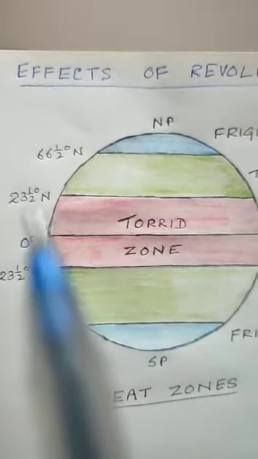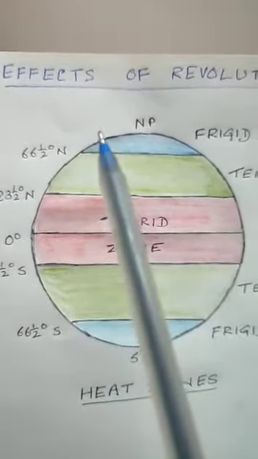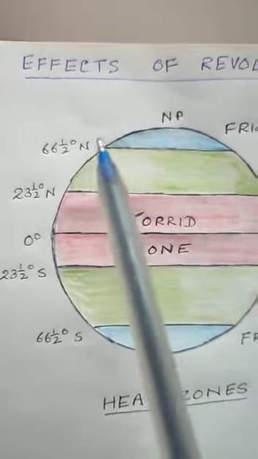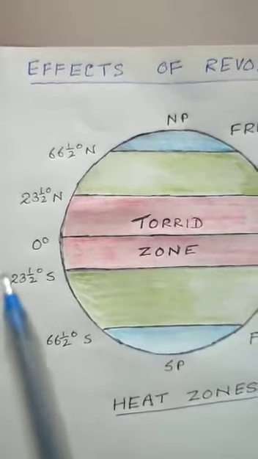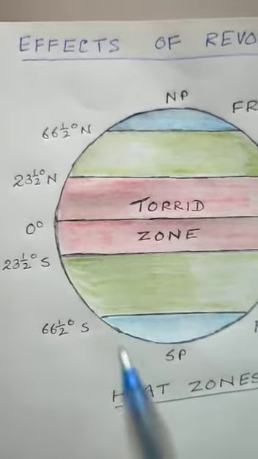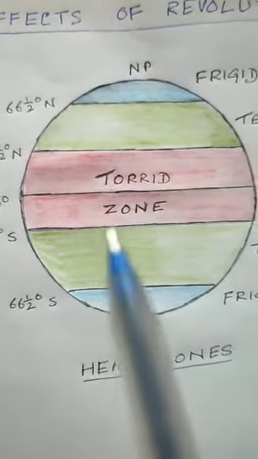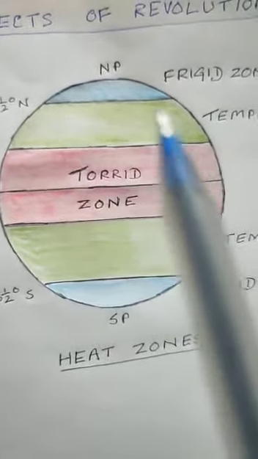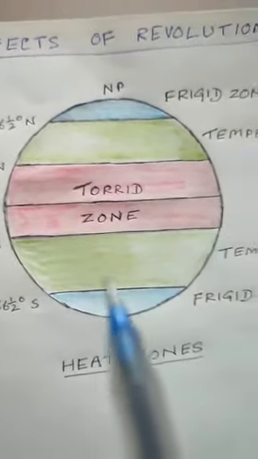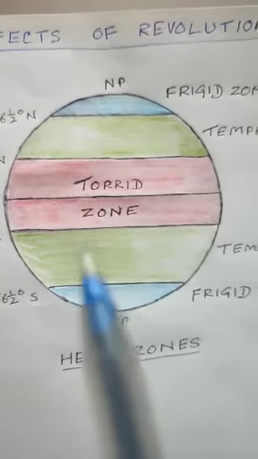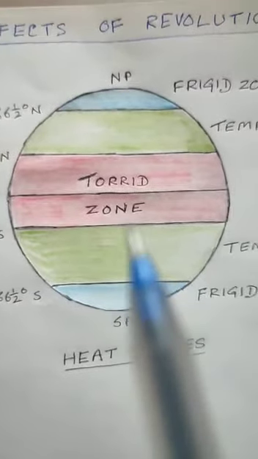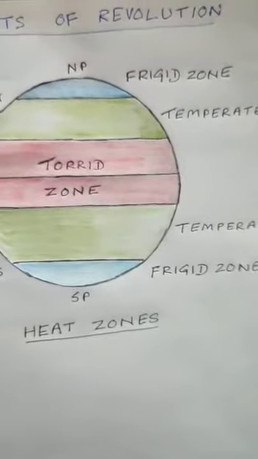Beyond this, that is 23.5 degrees north to 66.5 degrees north in the northern hemisphere, and from 23.5 degrees south to 66.5 degrees south in the southern hemisphere, these areas get slanting rays of the sun. That is why the temperature is moderate. So it is called the temperate zone.